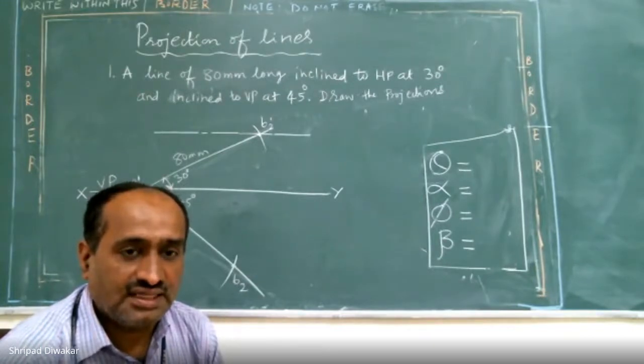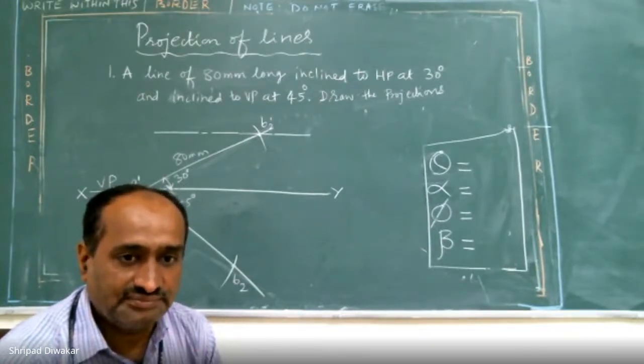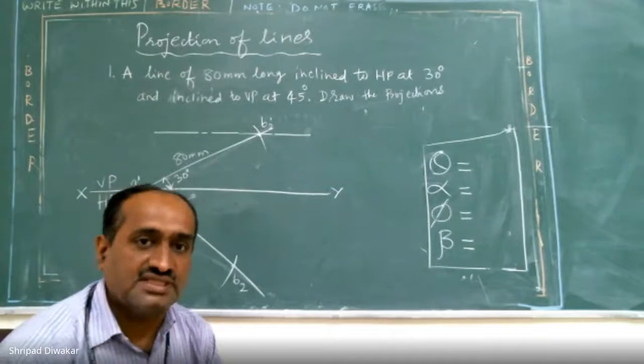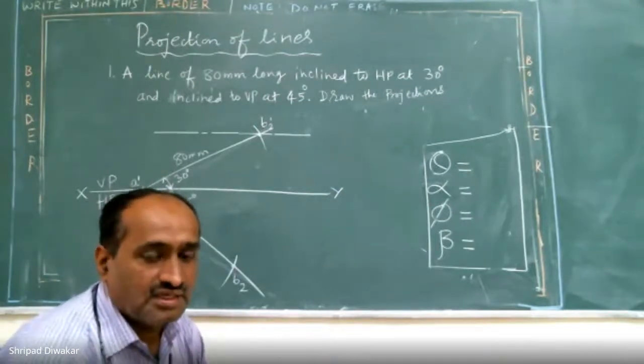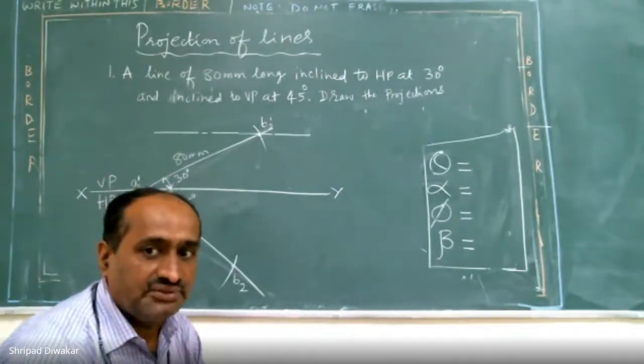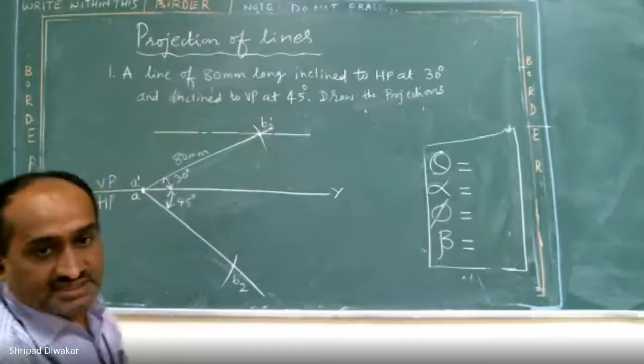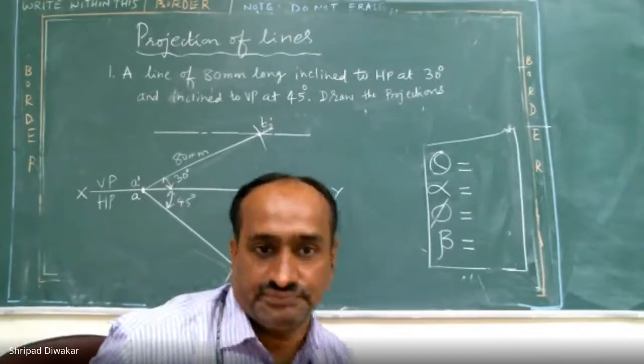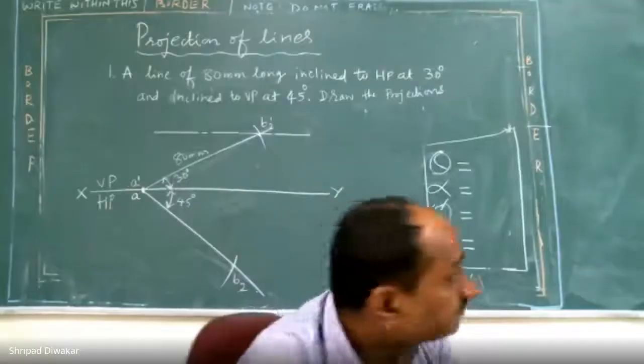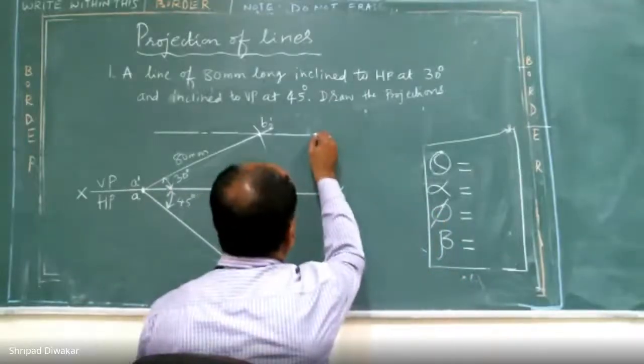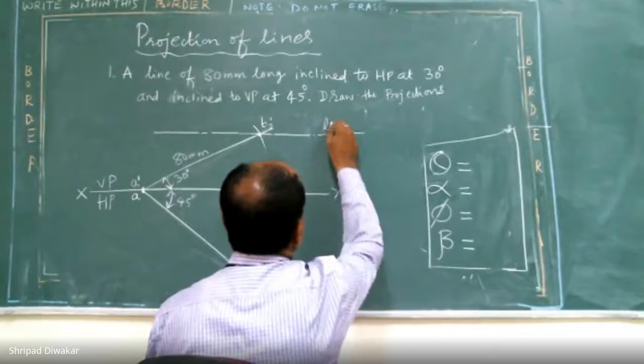Next, cut the arc of 80 mm. Representation is most important, so mark that point as B2. What is the next step? So draw the locus. Correct. So this is your locus of B2 dash.